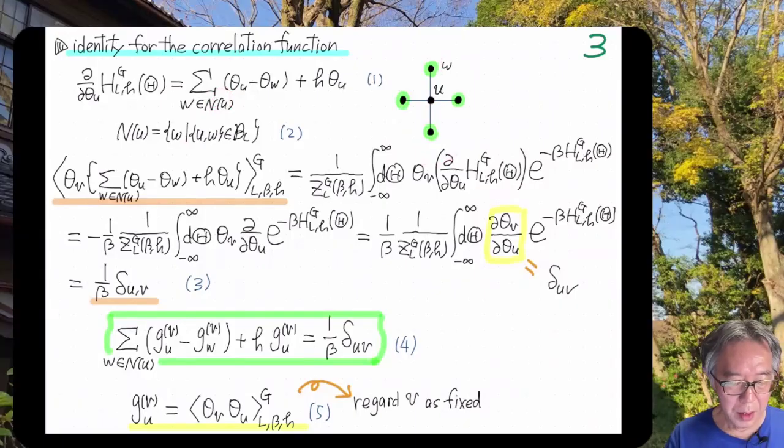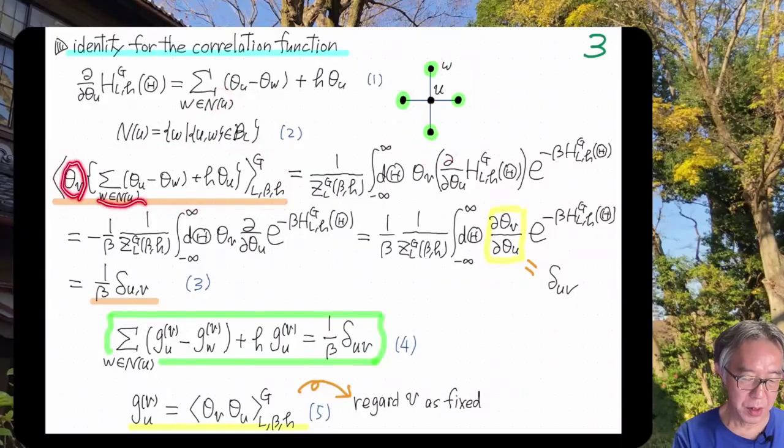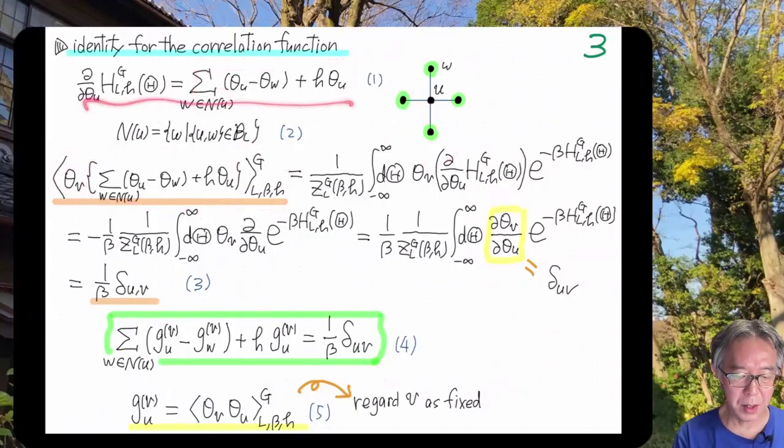Okay. And then we look at this expectation value, theta v times this thing. This complicated thing is nothing but the right-hand side of this. So by using this, I can rewrite this expectation like this.